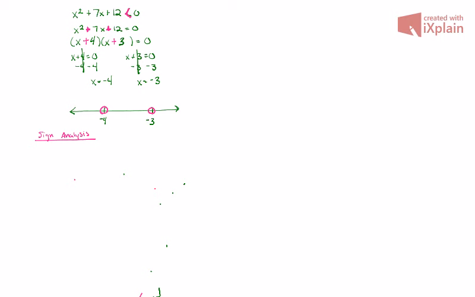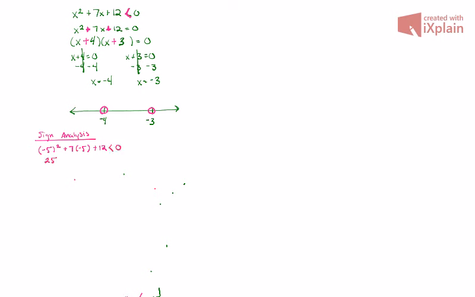Okay, so we have 3 different areas to look at. We need to look at values to the left of negative 4, values between negative 4 and negative 3, and values to the right of negative 3. So basically those 3 sections that have been created by identifying negative 4 and negative 3. So for example, if we pick a value to the left of negative 4, say maybe negative 5, we'll plug this in, and we want to see if we're going to get a true statement out.